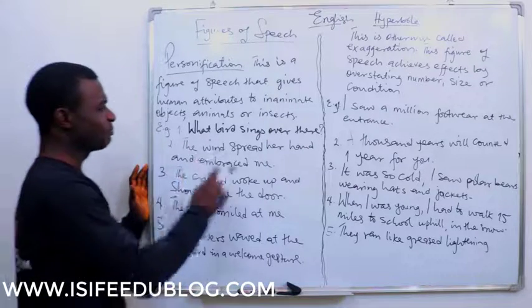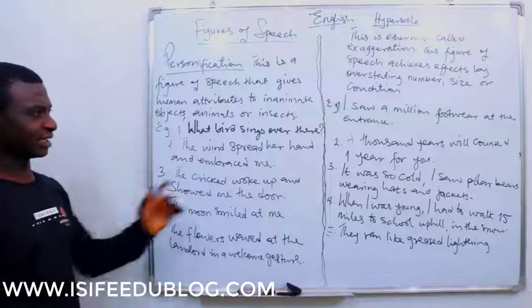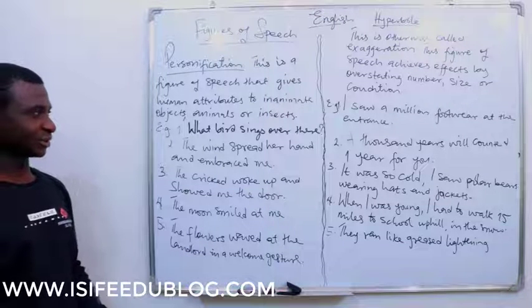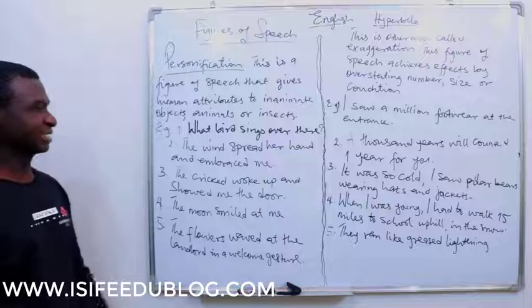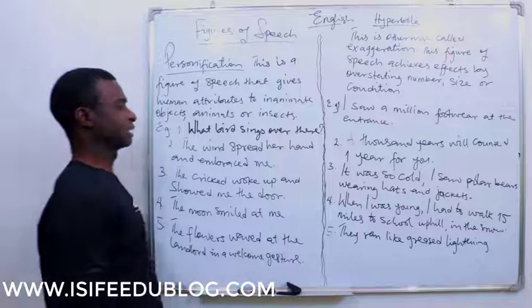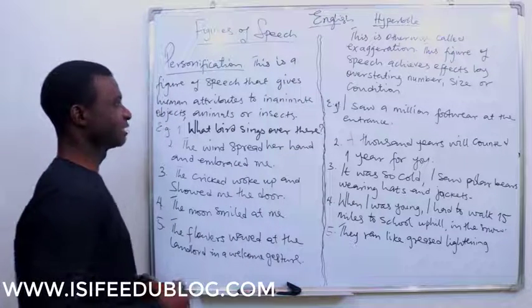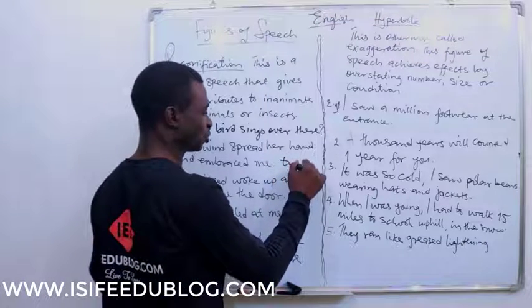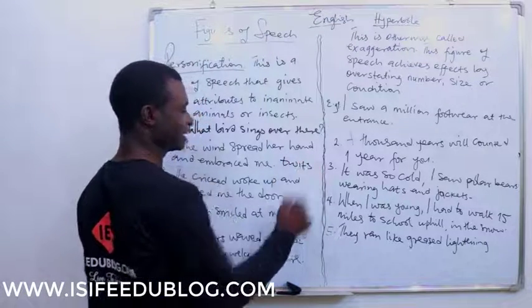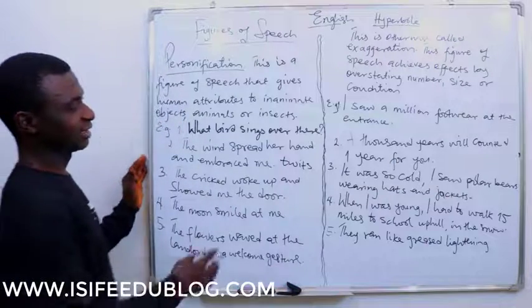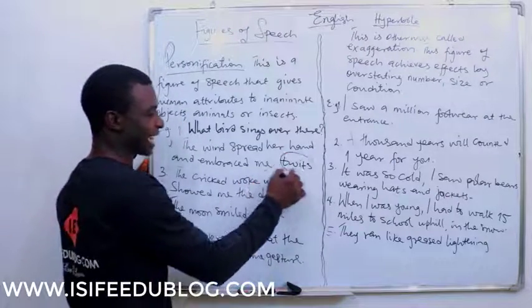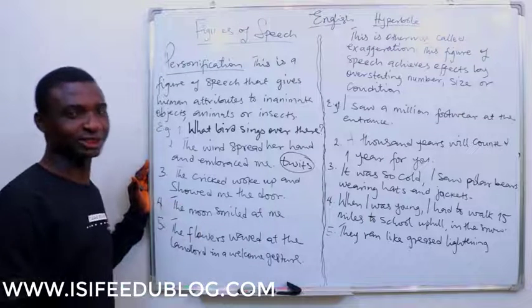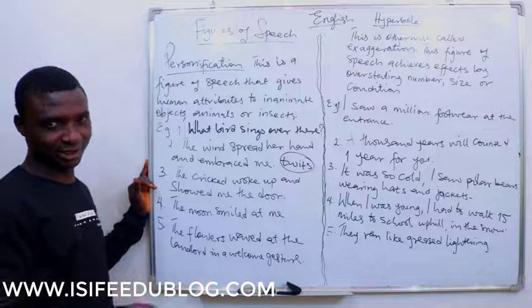Now, what bird sings over there? A bird is not an inanimate object. Is a bird an animal? But here we say it sings. Birds naturally tweet. Birds do what? Birds tweet. That is why the maker of Twitter has a bird as its symbol, because the word tweet is the sound that birds make.